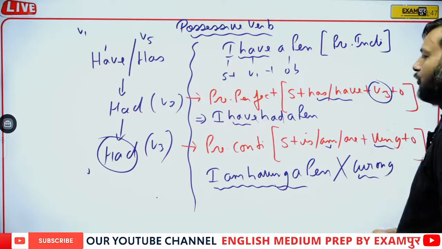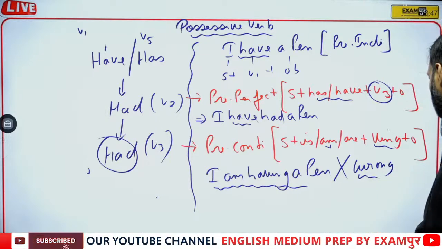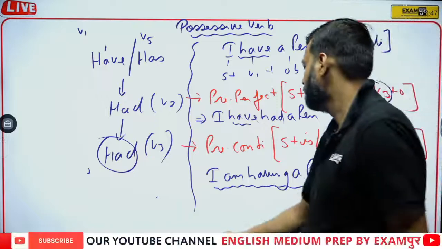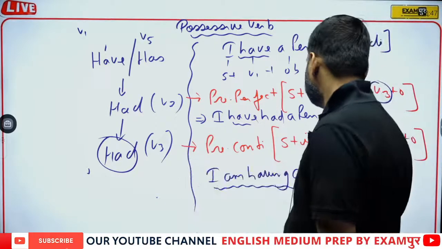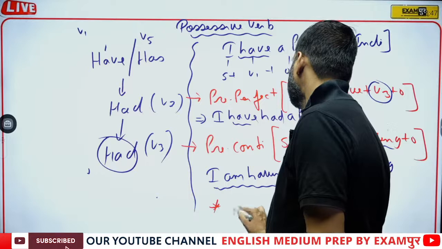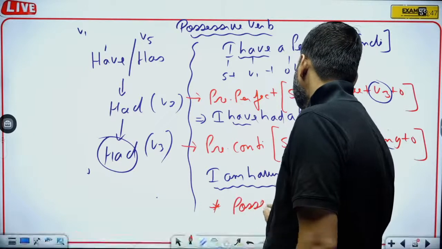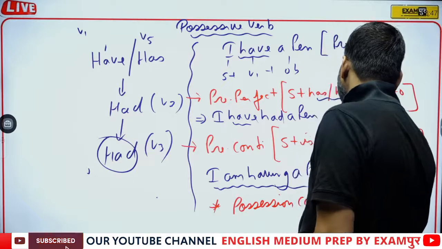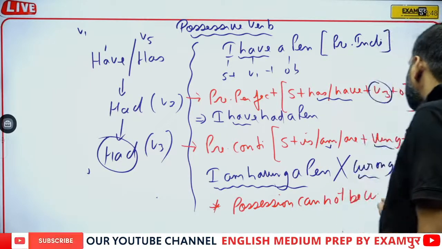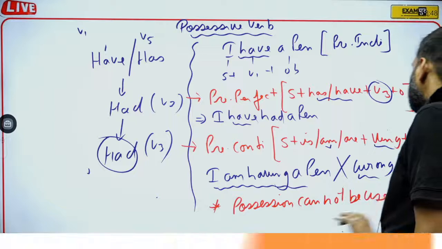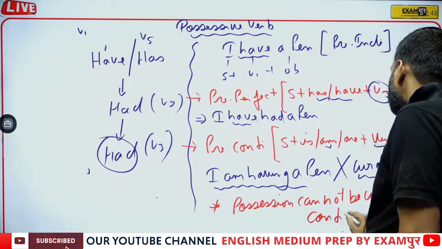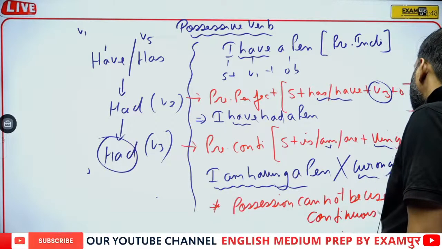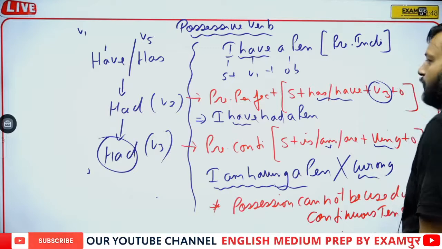Why is it wrong? Because possession cannot be used in continuous tense.